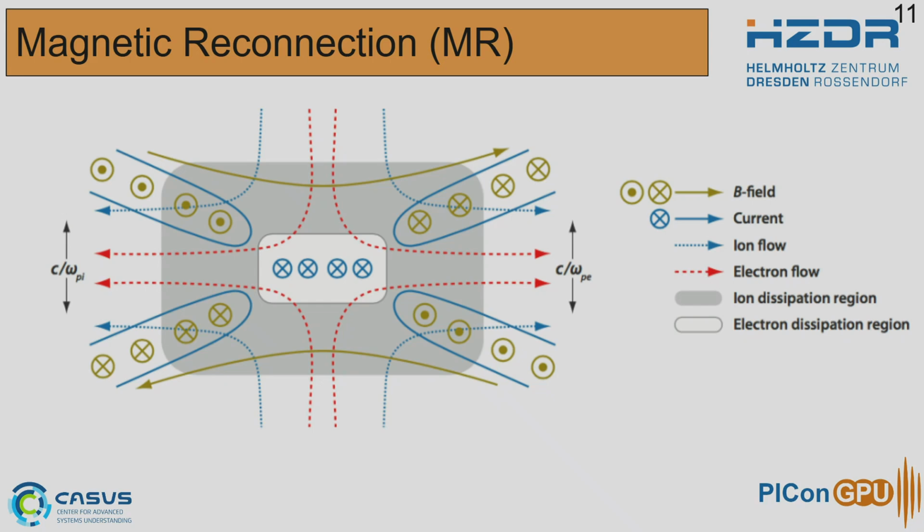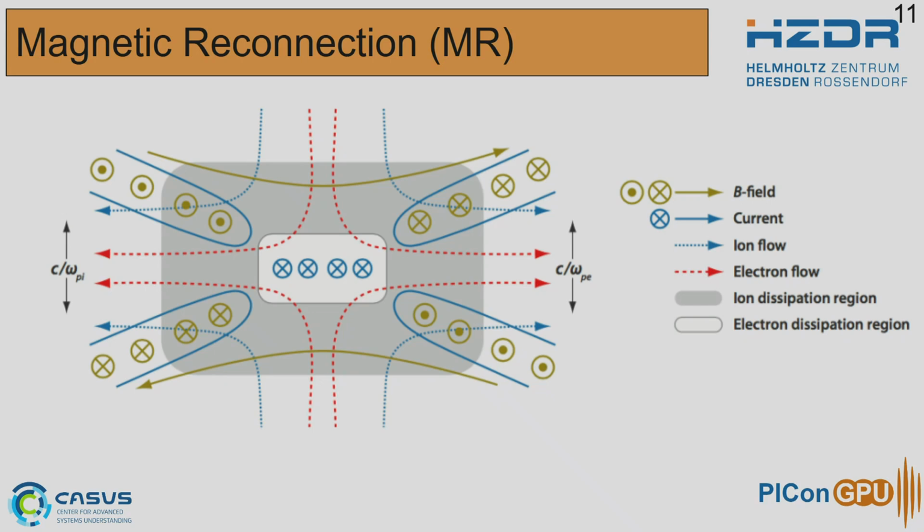And the other part of the dynamics is these blue crosses here. It says current. But what it also is, is that in the middle, because you get a lot of changing magnetic field, you also get an electric field, because a change in magnetic field over time gives you an electric field. And so this also accelerates your particles. And then finally, you have a lot of particles being accelerated in this almost circular motion.